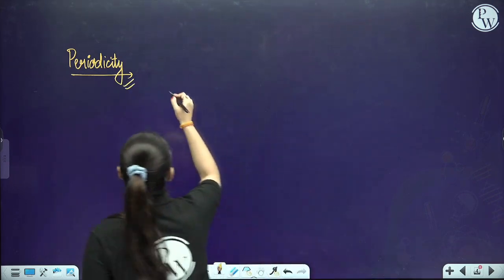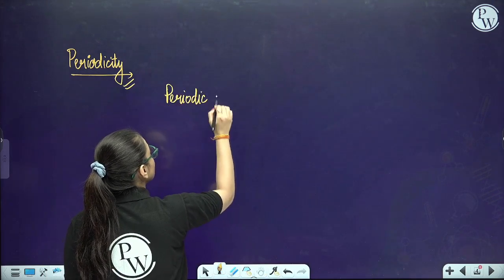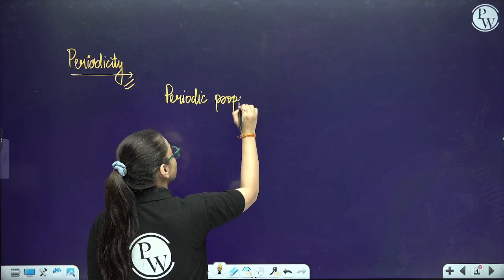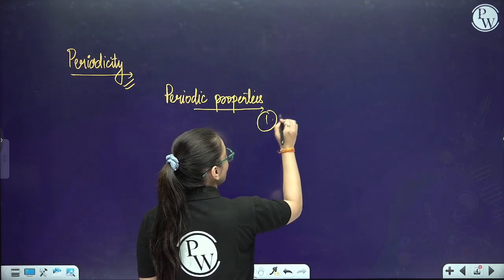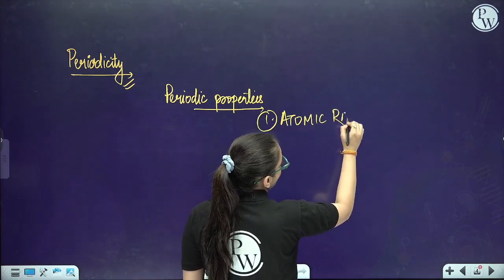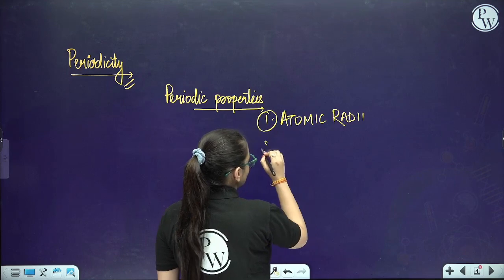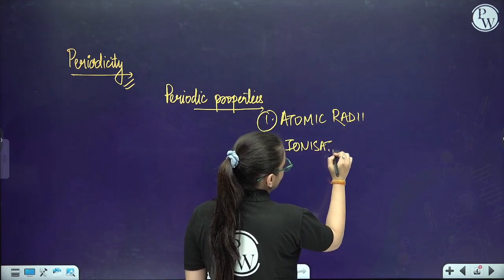As I've already told you, which periodic properties are we going to cover? The very first is going to be atomic radii. The second one is ionization energy.